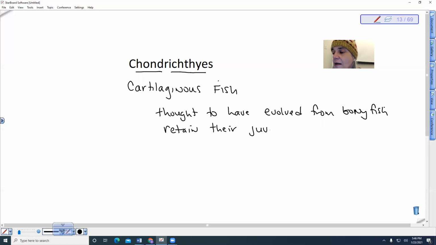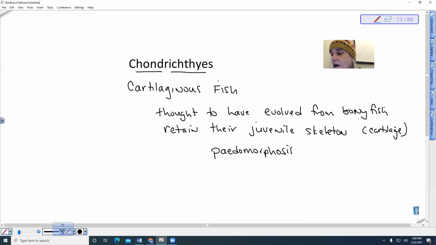They retain their juvenile skeleton, and it is cartilage. We have a name for this mechanism of macroevolution. This is called paedomorphosis, or neoteny, right?